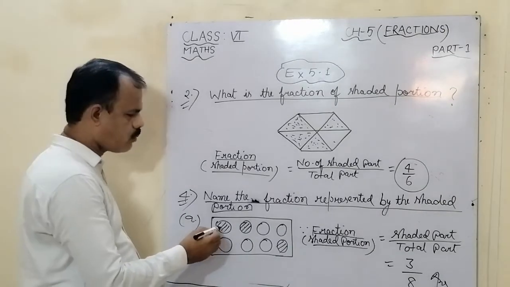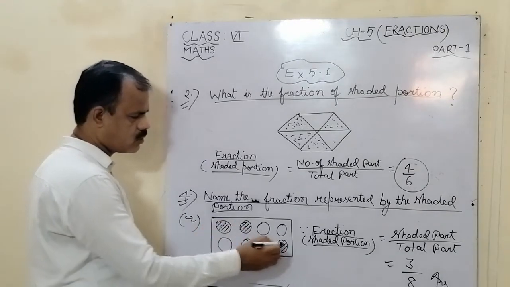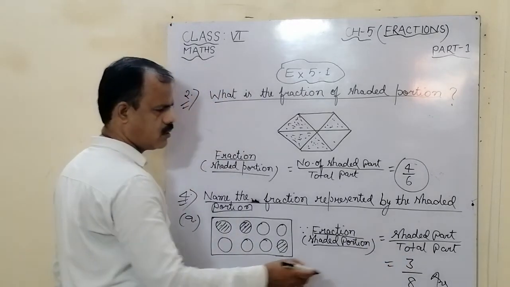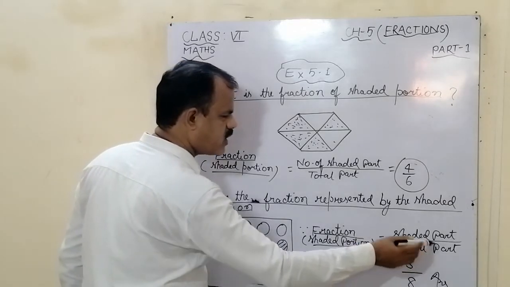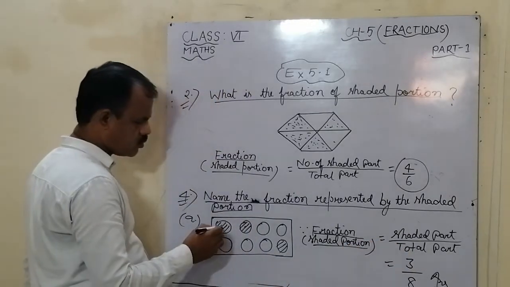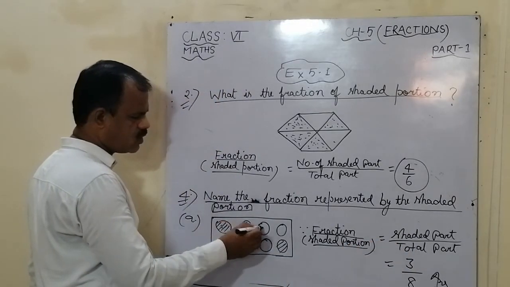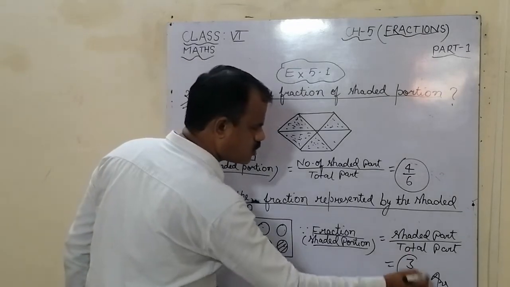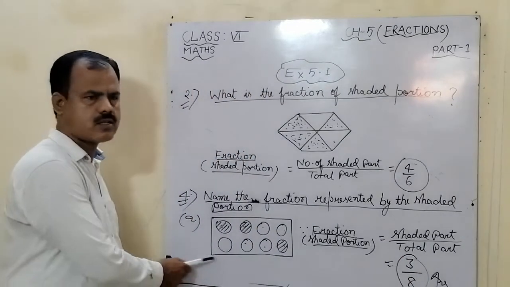How many balls are colored? 1, 2, 3. So in the numerator place we write 3, and in the denominator place the total parts. Total balls are 1, 2, 3, 4, 5, 6, 7, 8, so we write 8. So 3 by 8 is the final answer.